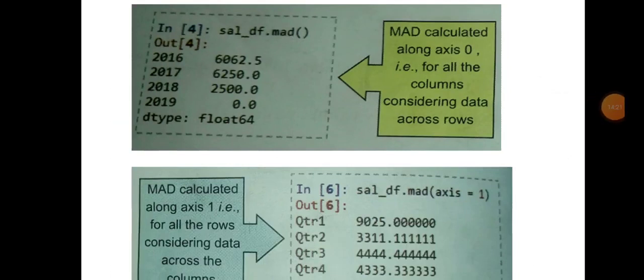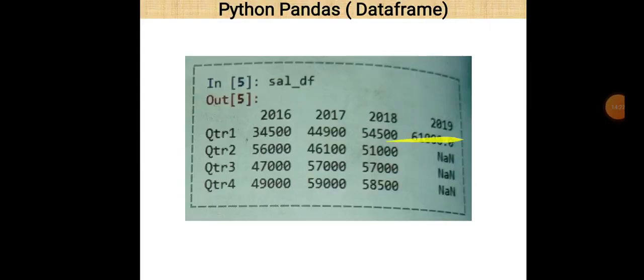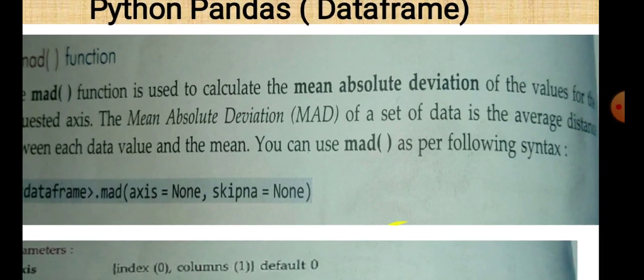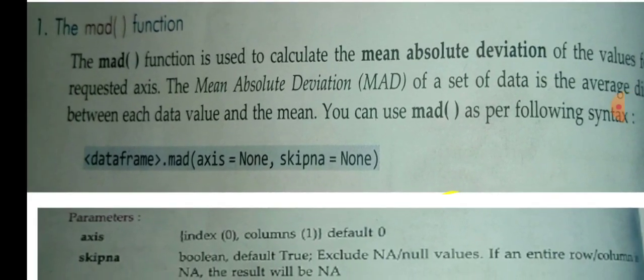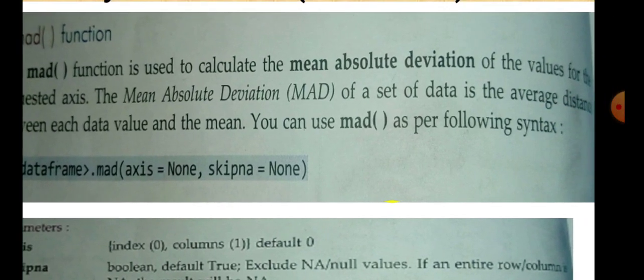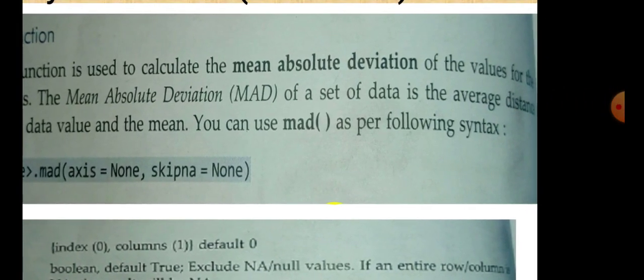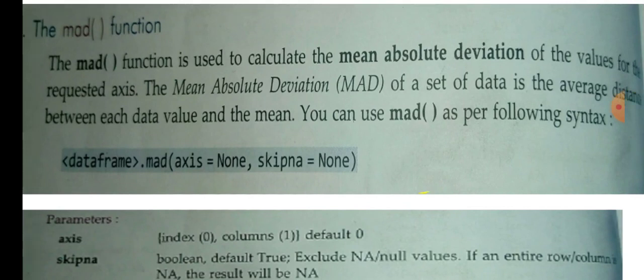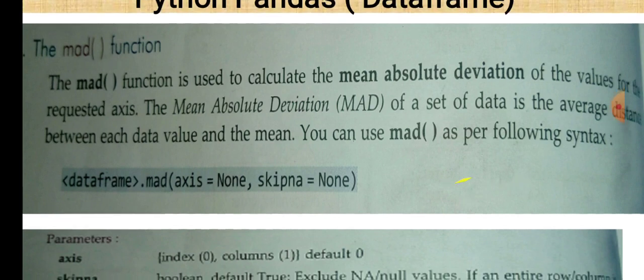So mean absolute deviation is basically a function used to calculate the mean absolute deviation of the values for the requested axis. So what is mean absolute deviation? The mean absolute deviation of a set of data is the average distance between each data value and the mean. Always remember that mean absolute deviation, MAD, of a set of data is the average distance between each data value and the mean.